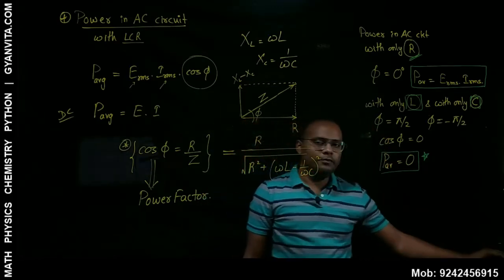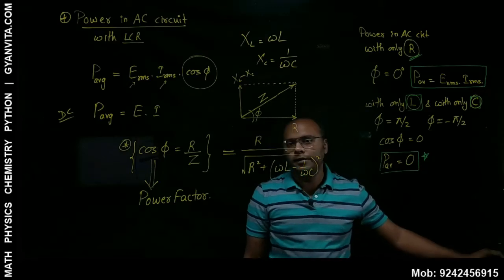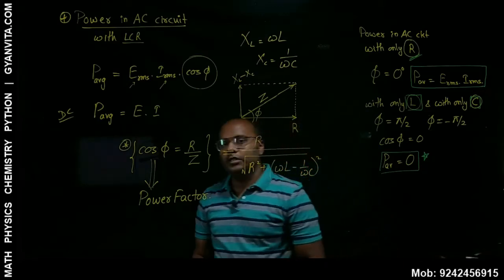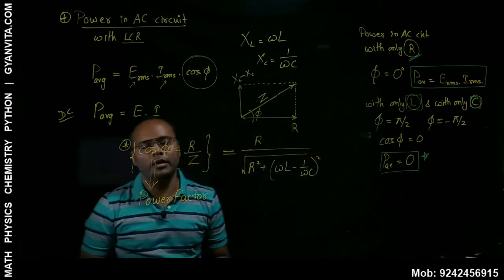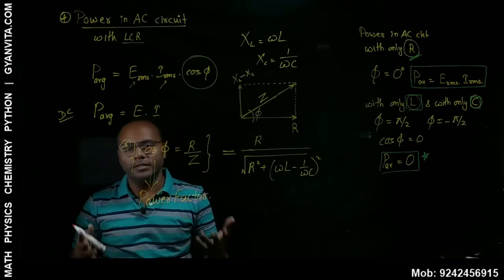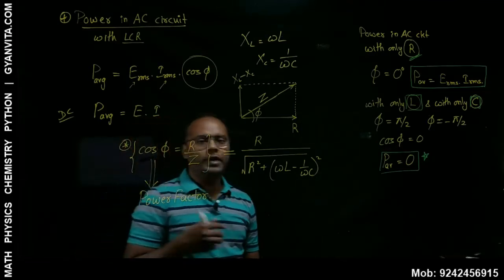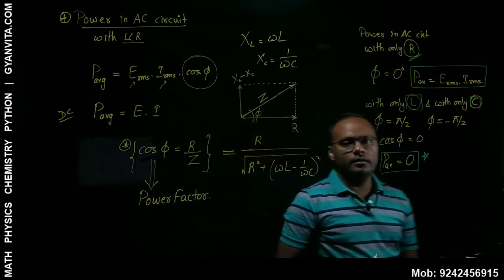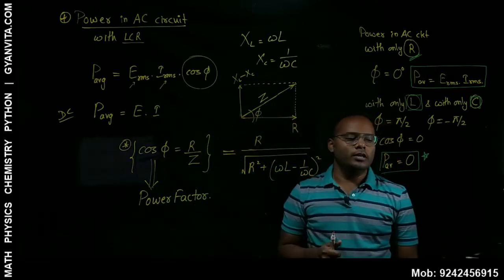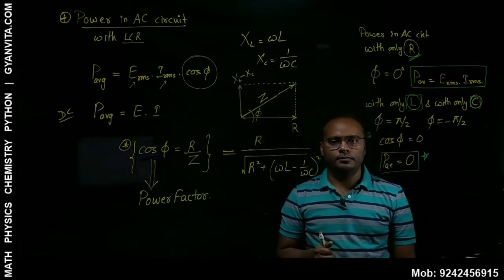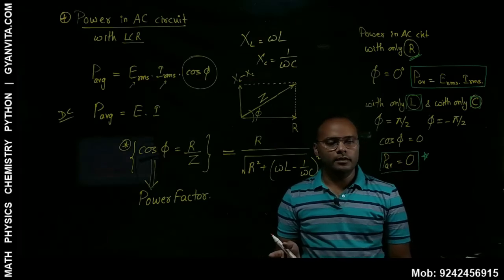Now, what is the conclusion here? The power or energy is not dissipated in inductor and capacitor, and hence they find a lot of practical application in devices using alternating current. Is that clear?